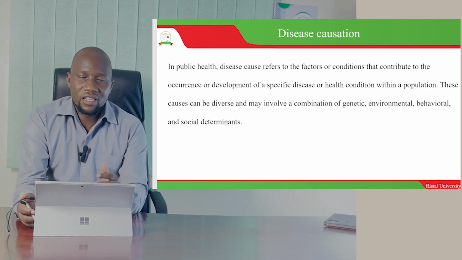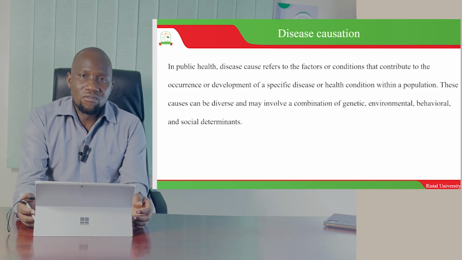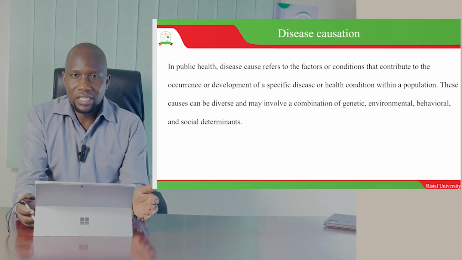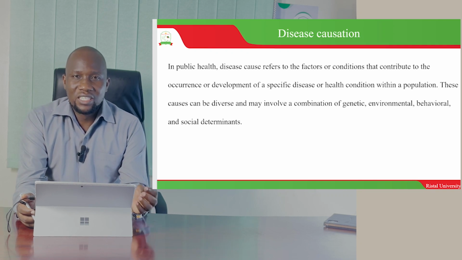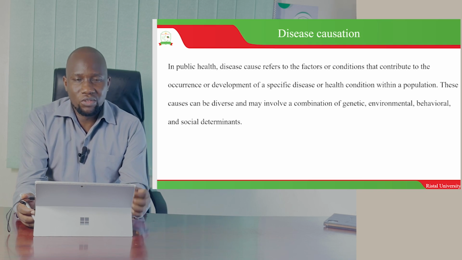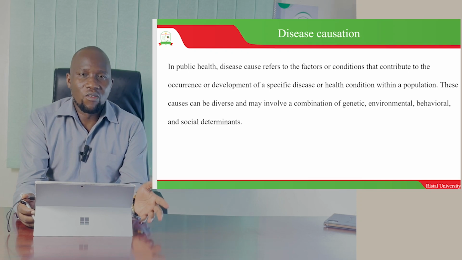Giving the example of malaria, you have seen that in your environment, when you have breeding areas, bushes around, stagnant water, and dark corners, these contribute to malaria. So that is the environment.